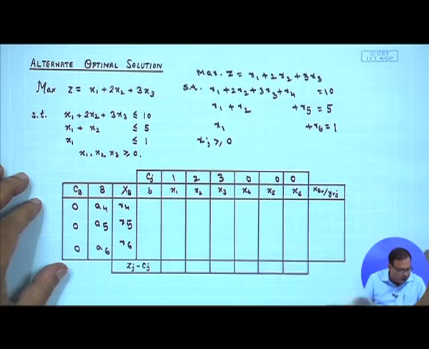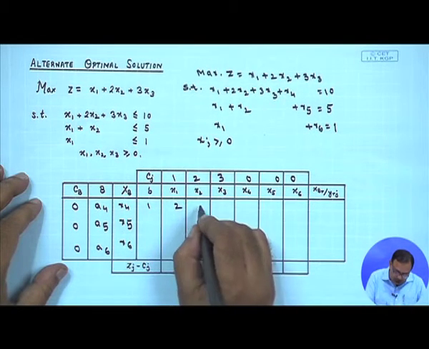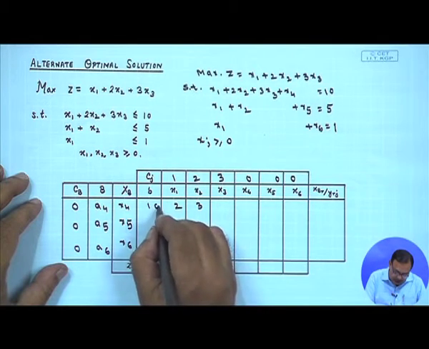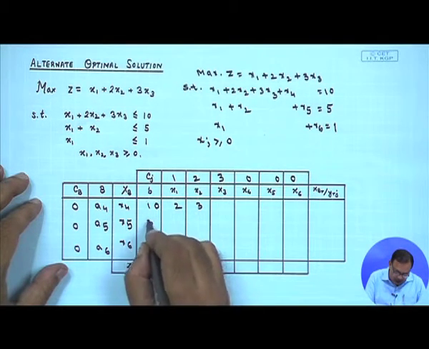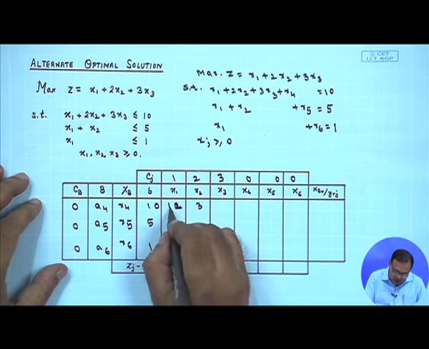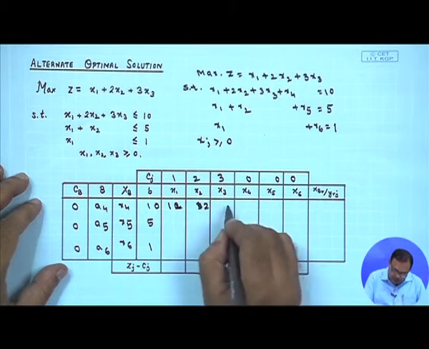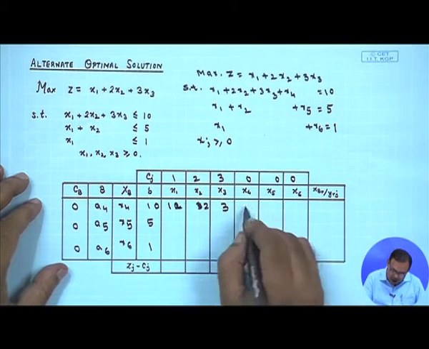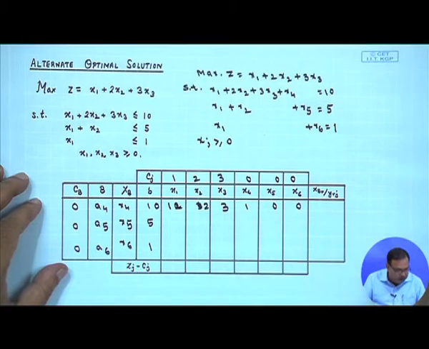Now write down the rows. The B values are 10, 5 and 1. The first row will be 1, 2, 3, with x4 equal to 1 and x5, x6 equal to 0.